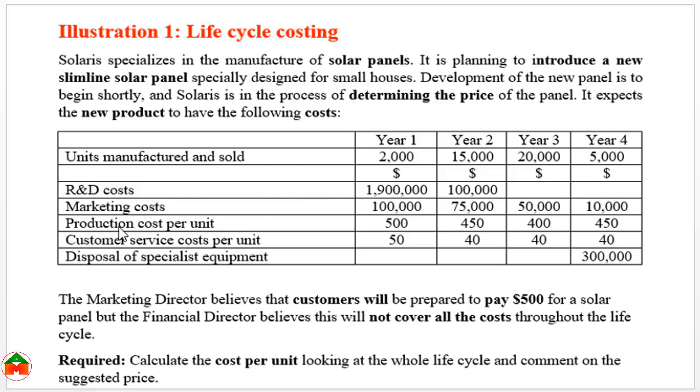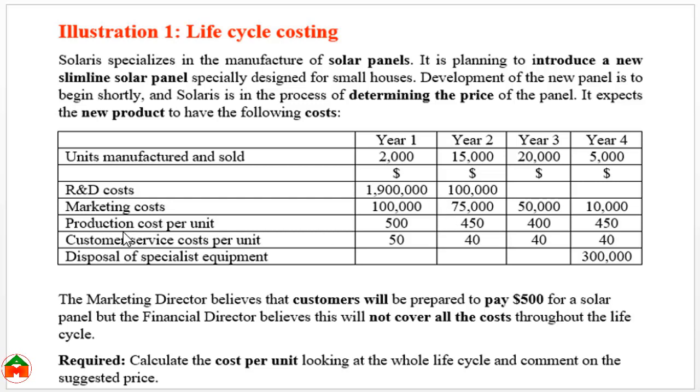Production cost, but these production costs are showing the per unit cost. If we are interested to calculate the total cost, then we need to multiply this 500 with the units produced, 2000.